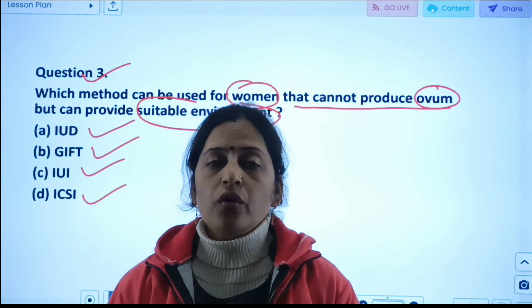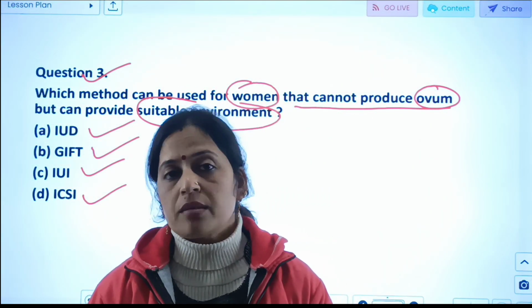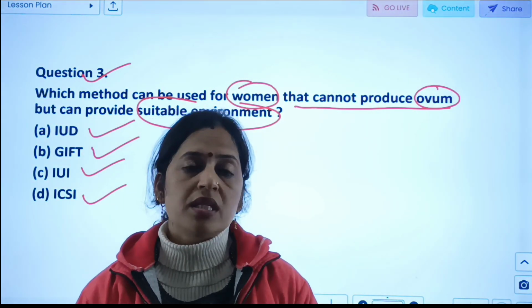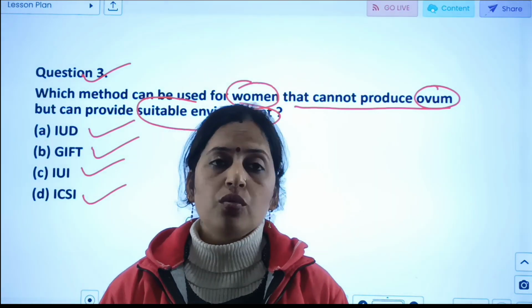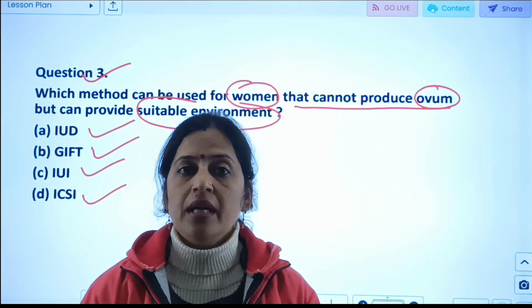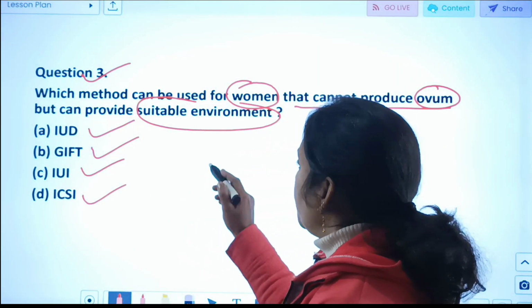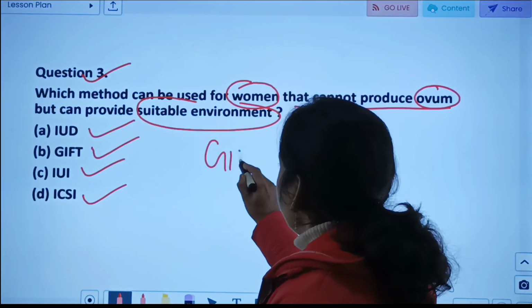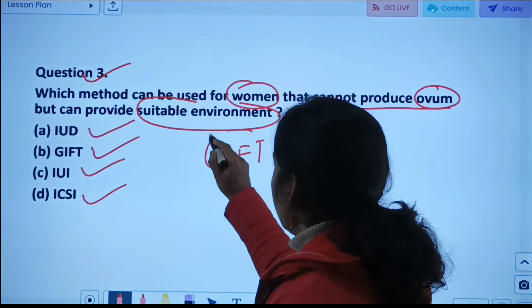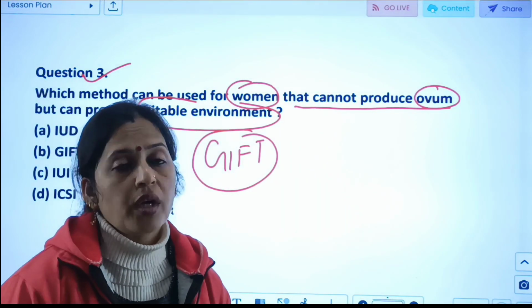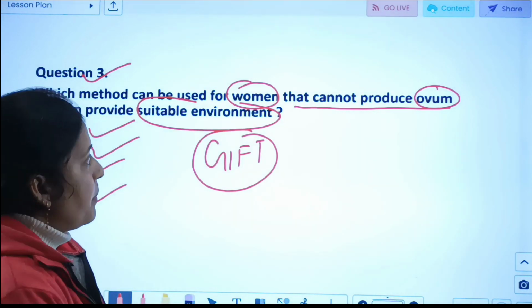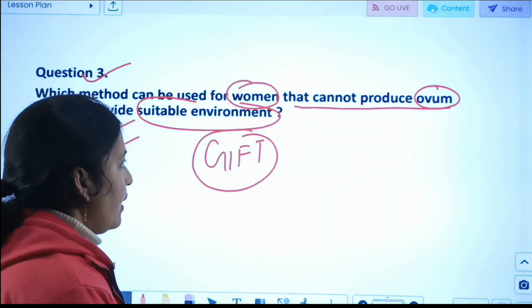तो इसमें जो एक करेक्ट ऑप्शन रहेगी हमारी, या करेक्ट मेथड रहेगा ऐसे वुमेन्स के लिए जो ओवम प्रोड्यूस नहीं कर पाती हैं बट दे कैन प्रोड्यूस द सुटेबल एनवायरनमेंट, दैट इज GIFT. This is the best method for those women who cannot produce the ovum but they can produce the suitable environment.